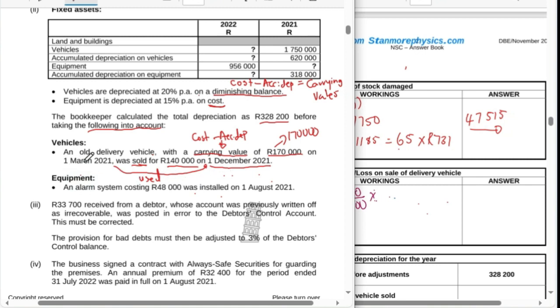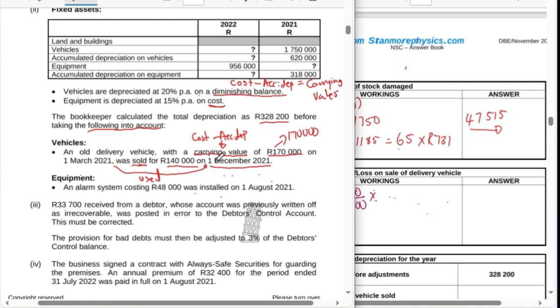Then we are going to start counting: March, April, May, June, July, August, September, October, November. This vehicle has been in the business for 9 months.